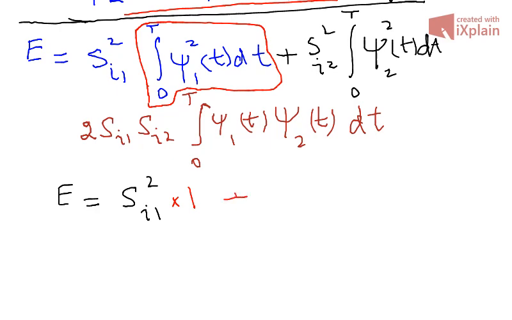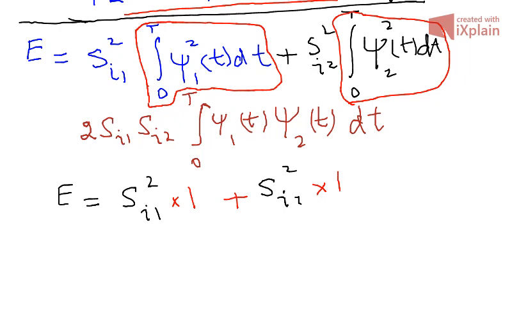Similarly, we can write from the second term ψ2 square, and again this integral is the energy of ψ2, which is 1, so I would write 1 here. And from the third term, now you can observe that ψ1 and ψ2 are orthogonal, so you will get 0 from the third term.